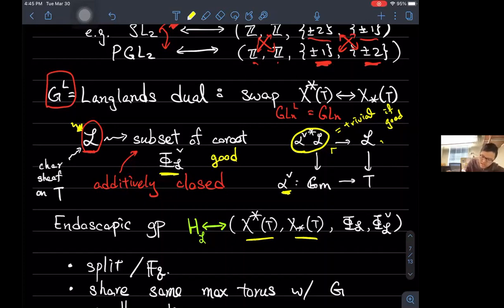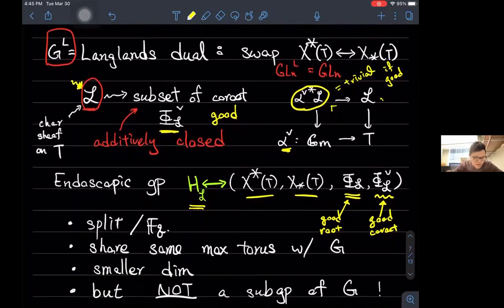The first two are still the same, the character lattice and cocharacter lattice of G. But now I just choose the good coroots. And we know that coroots and roots are in bijection, so I call a root good if its corresponding coroot is good. You can check that they all satisfy the reflection axioms of a root datum. So we will obtain an endoscopic group.